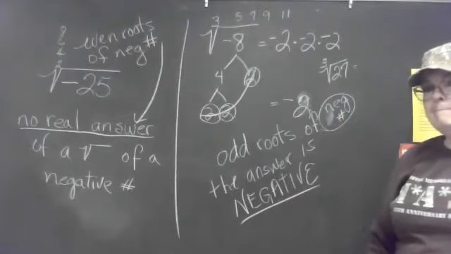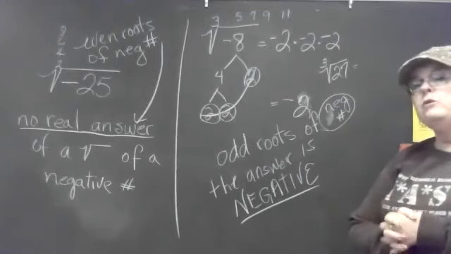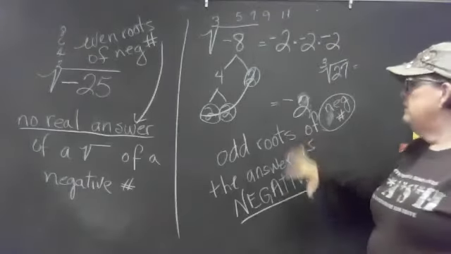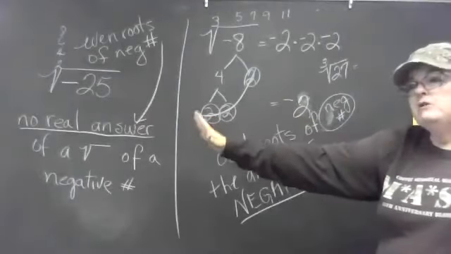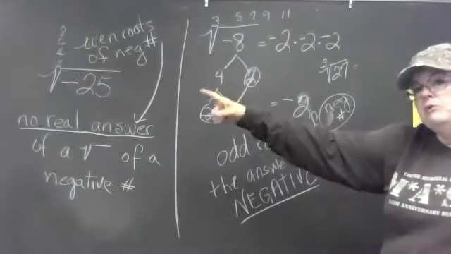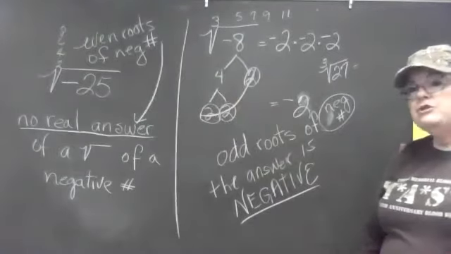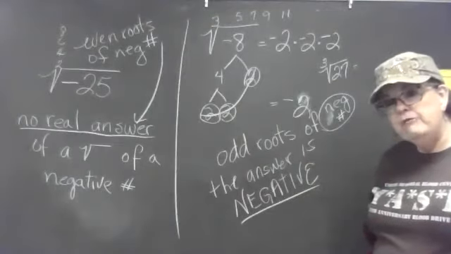Yes? Okay, these are some rules that it's going to take a little working with to remember, but keep referring back to this. We cannot find a real answer to an even root of a negative number. Not going to happen. Just if you see it, mark it out. There's no answer, okay, for now.